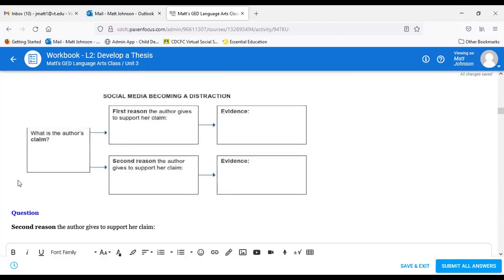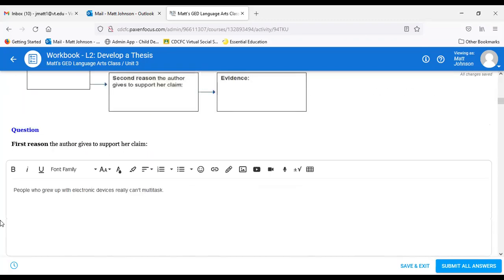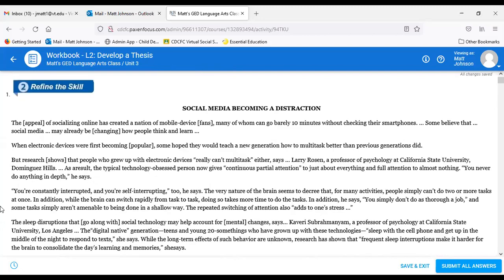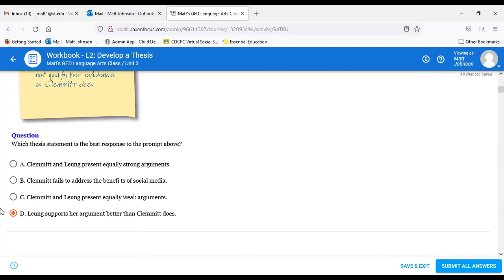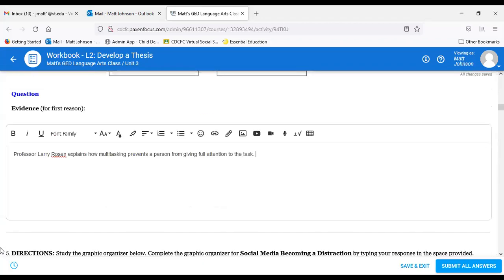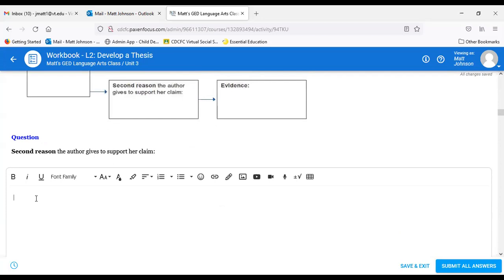So, number 5, second reason the author gives to support her claim. So, we dealt with the first reason and evidence for that. What's the second? Sleep disruption. Yep, that's it, right? Screwing up our sleep patterns. All these kids and their cell phones today can't get a good night's sleep, right? So there's basically sleep disruption.